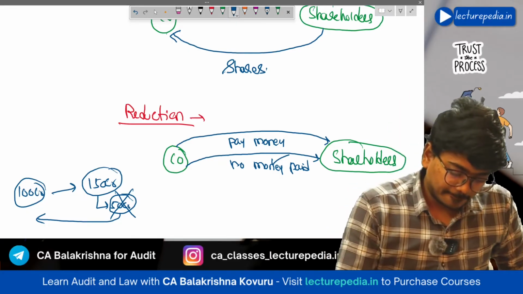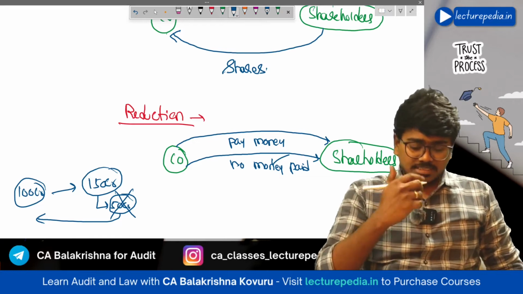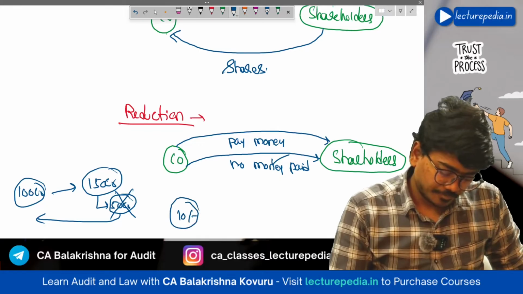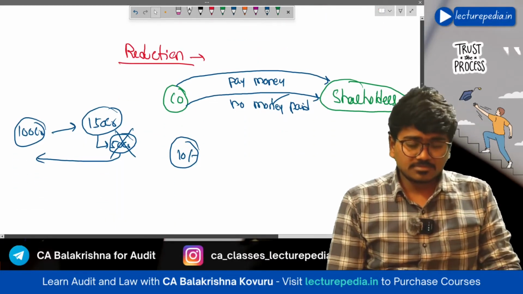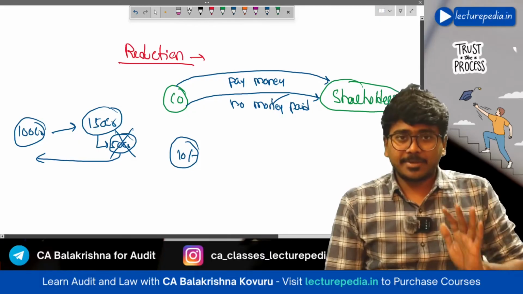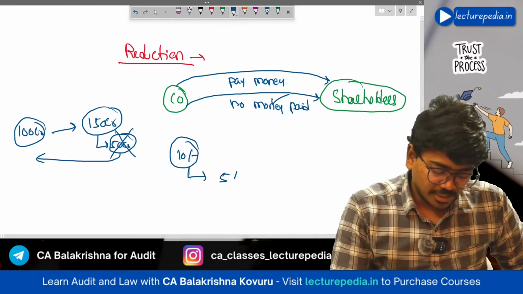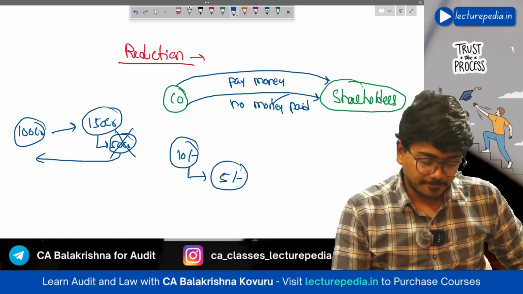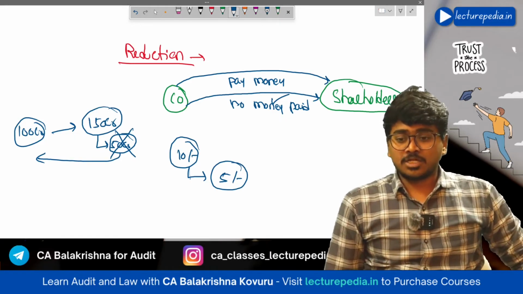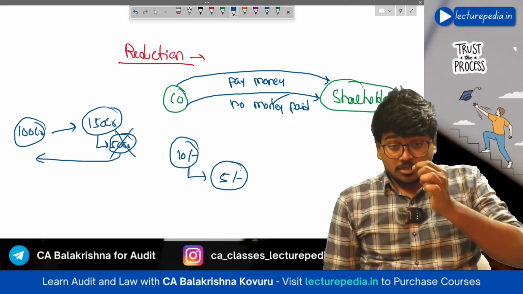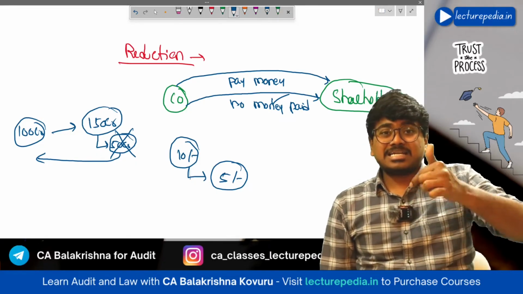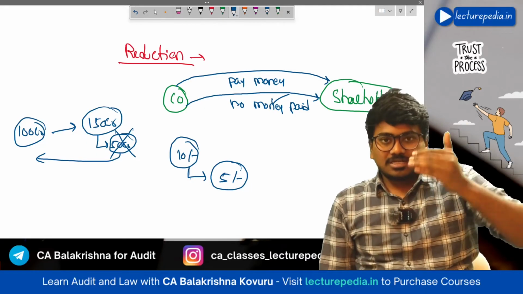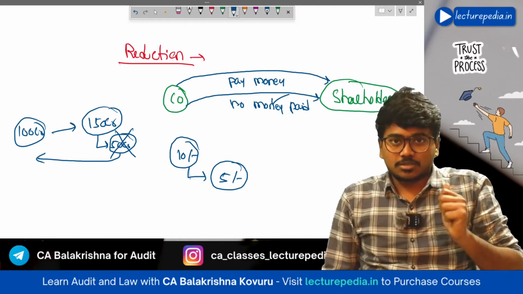Or let's say the face value of each share is 10 rupees. Now these shares are partly paid up shares, like 5 rupees has been paid on these shares, still 5 rupees is not paid. Now in this situation, what the company can do is cancel these partly paid up shares. It cannot go through the buyback option because these are still not fully paid up shares.